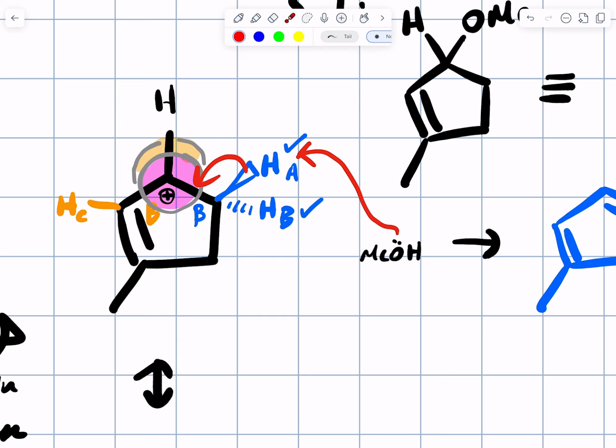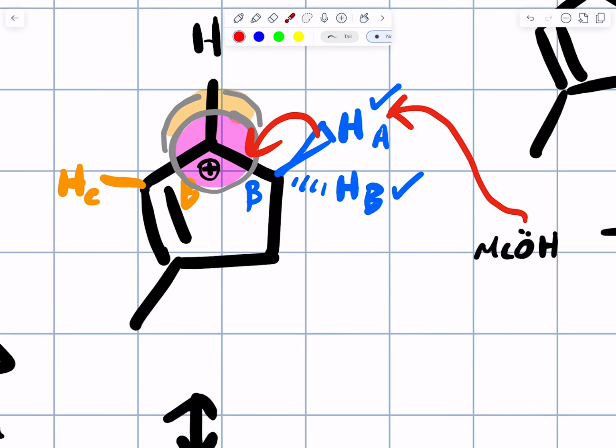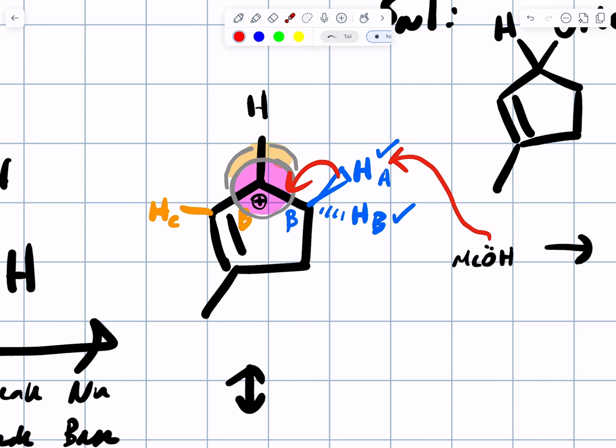Not so fast. Remember that this is a resonance stabilized carbocation. It's not drawn here, but on each of these carbons, the two vinyl carbons, there are p orbitals that are participating in this pi bond. And resonance implies that those p orbitals here are lined up with this empty p orbital there.